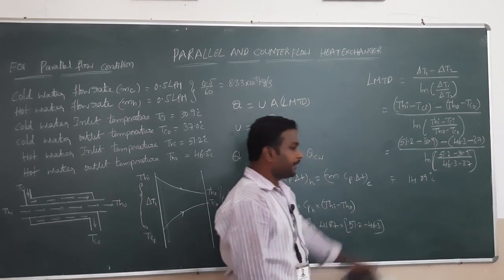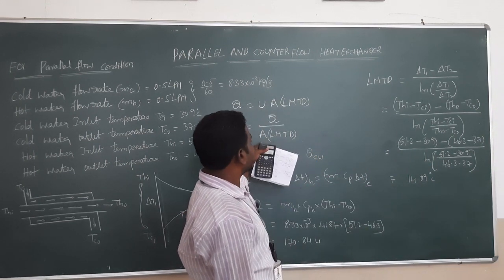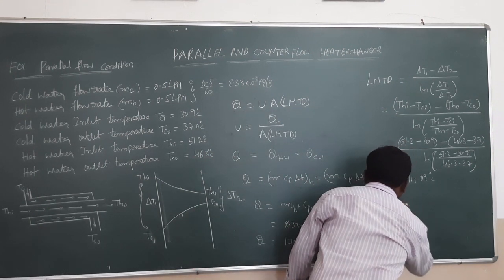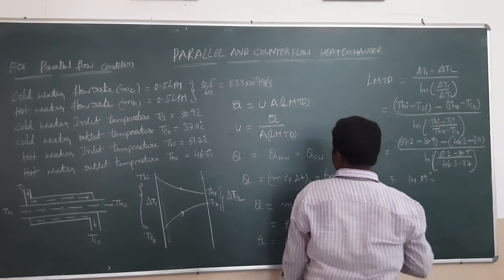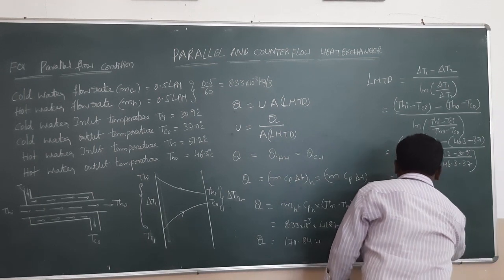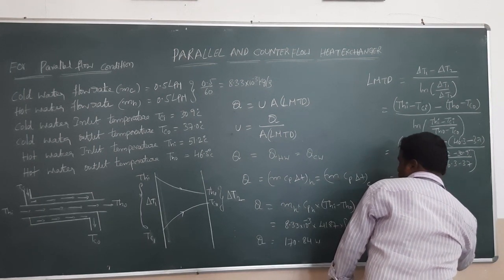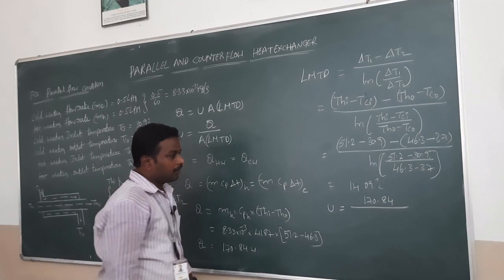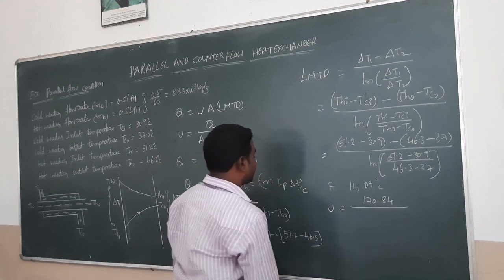Substitute this LMTD value and Q value in this equation, and we will get the overall heat transfer coefficient. Overall heat transfer coefficient U equals Q, which is 170.84. Here we need to substitute the surface area of the heat exchanger.